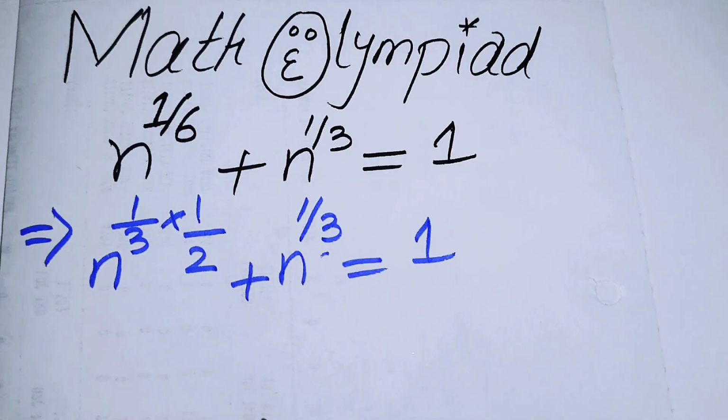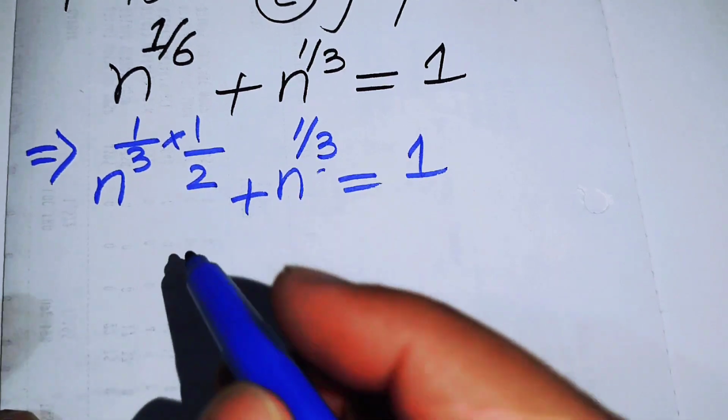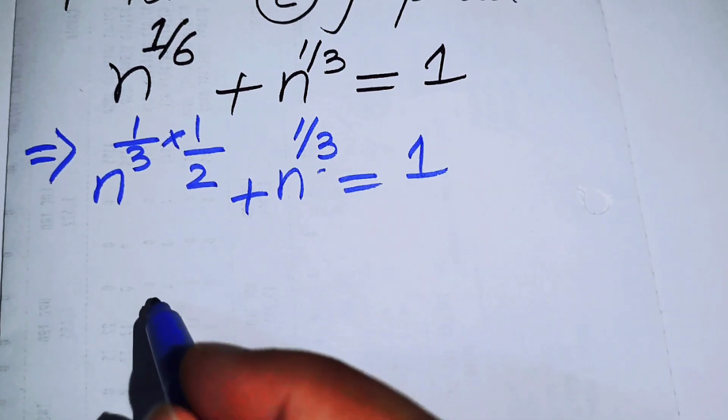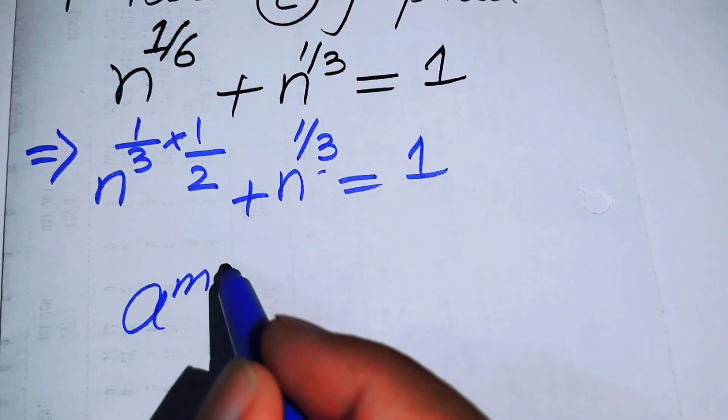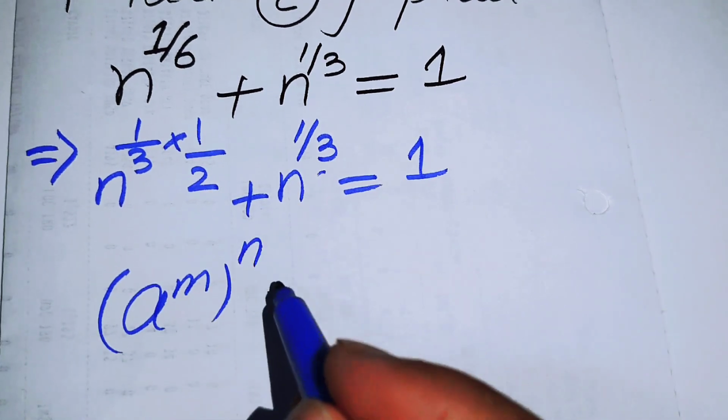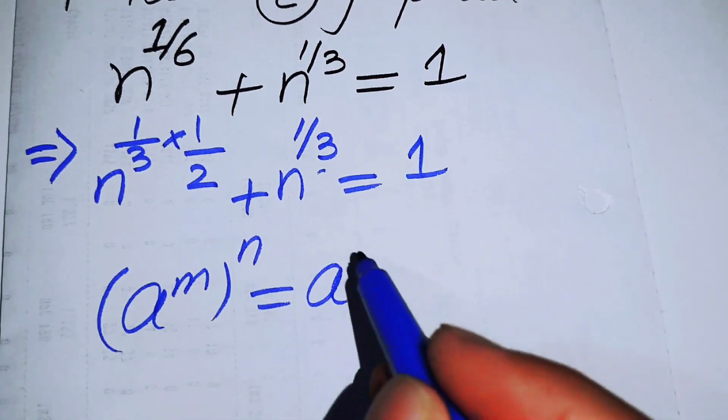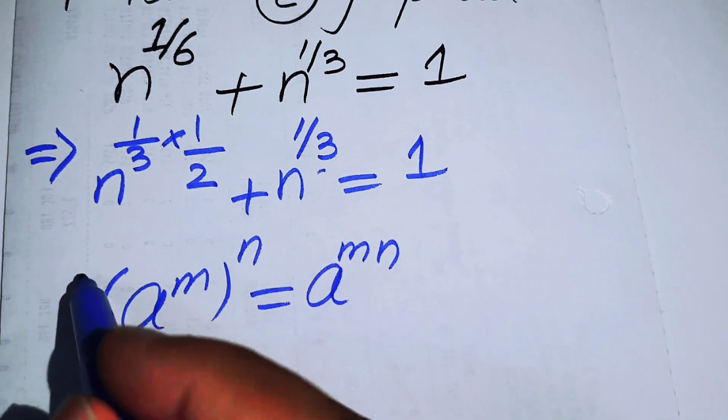After this step I can use the nice exponential formula, and you know about this formula: if we have a to the power of m, to the power of n, it is equal to a to the power of m times n.